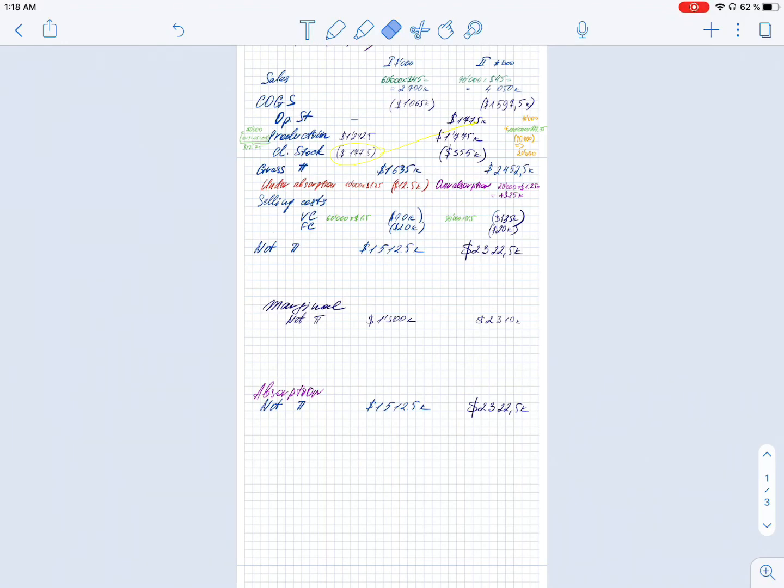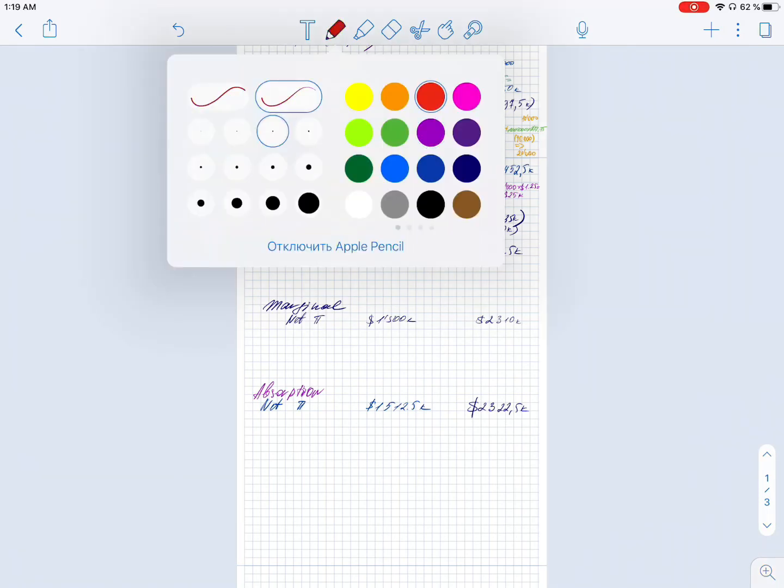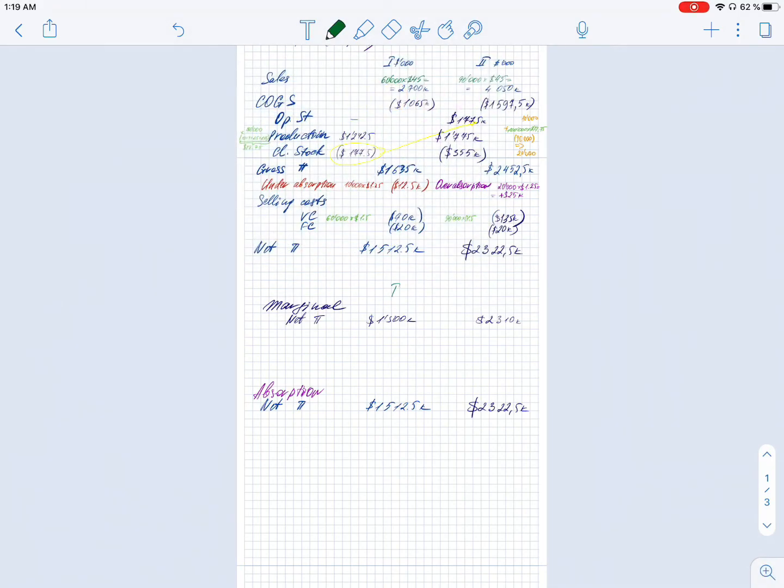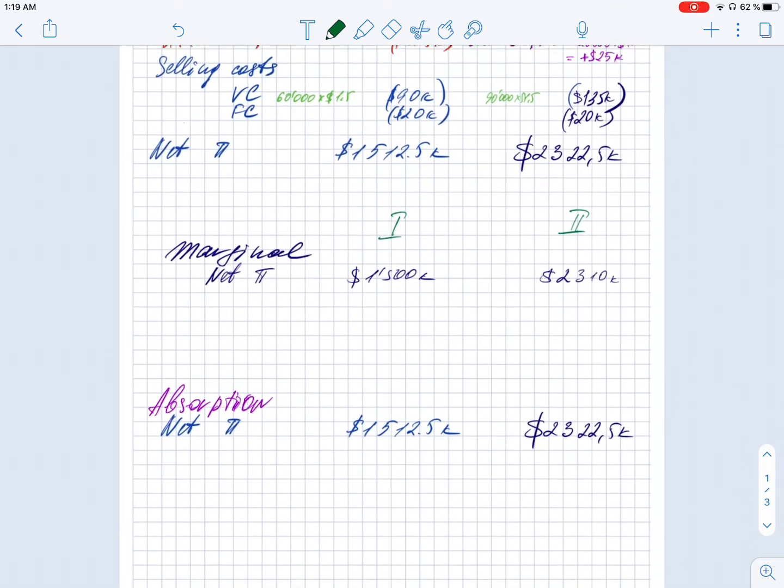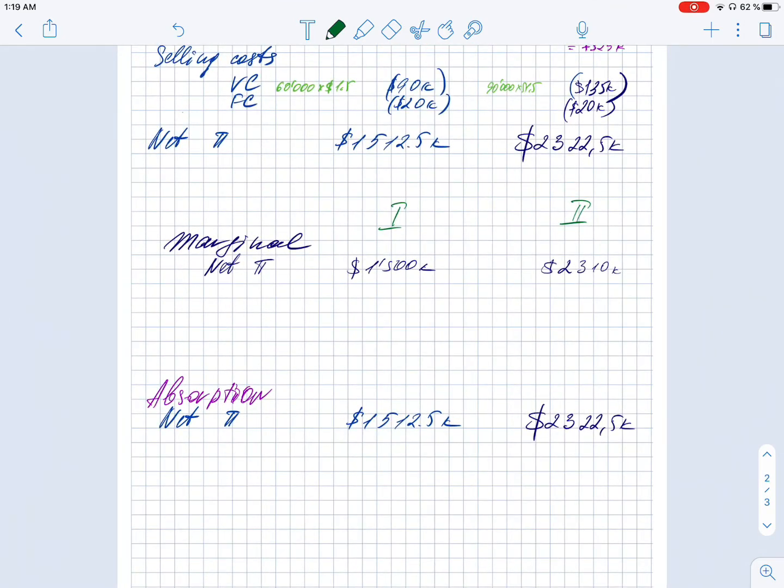So, in order to explain why for the first quarter the company has 1.5 million under marginal costing and 1,512,500 of profit under absorption costing, the question is: what was the amount of fixed cost expensed during the period?